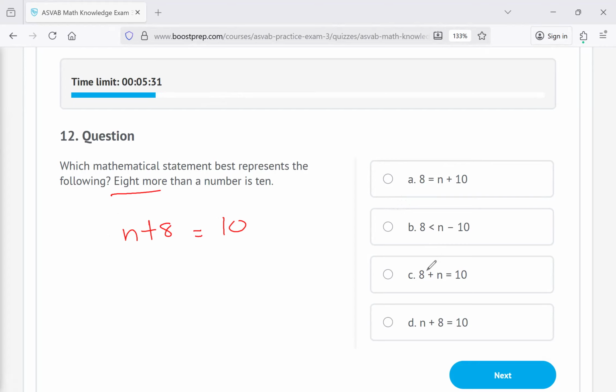So is it C or D? C, 8 more. I feel like C and D are the same. What's the difference between C and D?